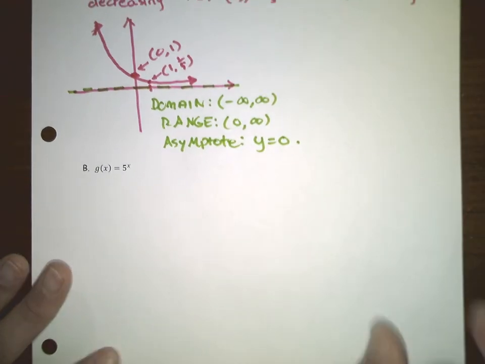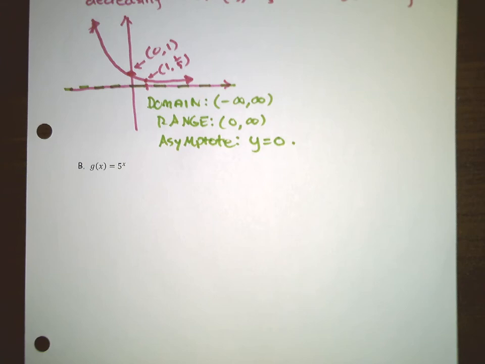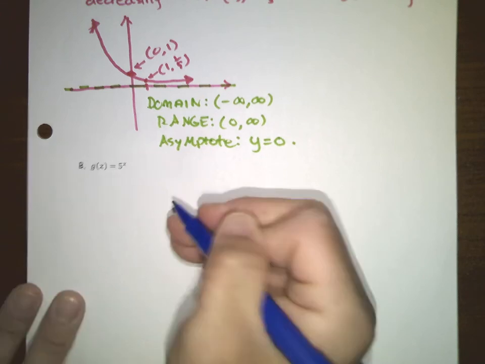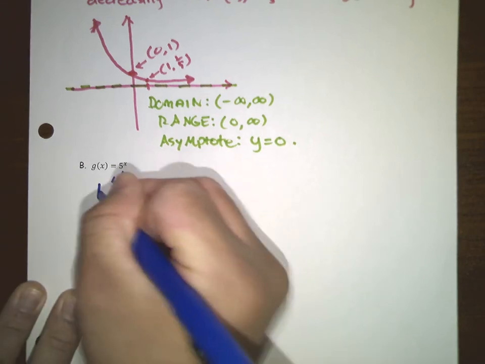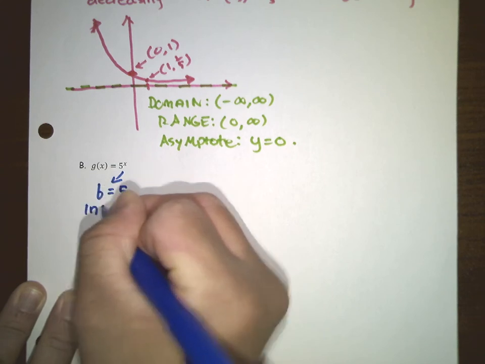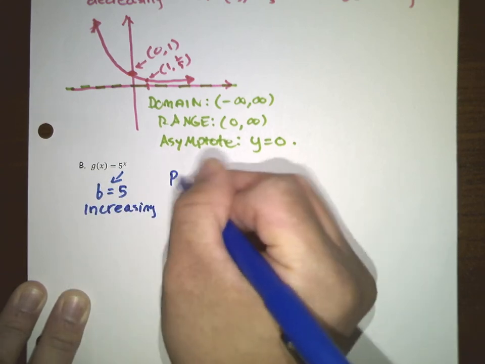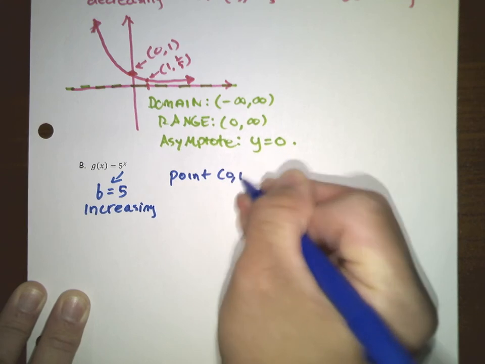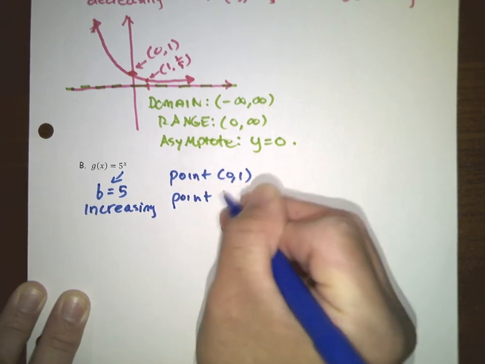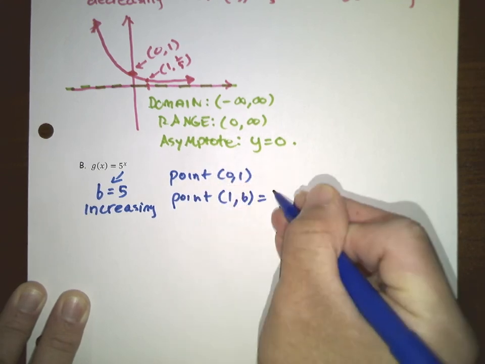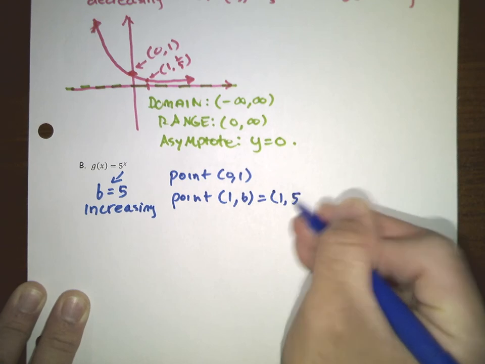So this is similar, but this one has a base that is going to be greater than 1. So here b is equal to 5, so this should be an increasing graph, and there's a point at 0, 1, and there is a point at 1, b, which is 1, 5.